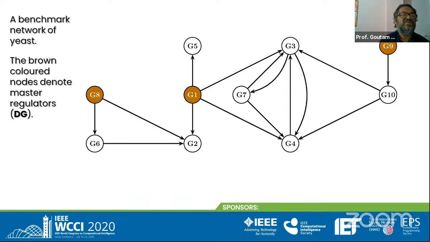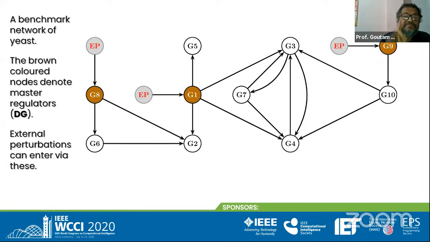The brown color nodes denote the master regulators. So remember that, how I am going into the pictures and into that particular problem in my head, why the baby died. So next, since they are master regulators, some gene somewhere in some other network may have been mutated.